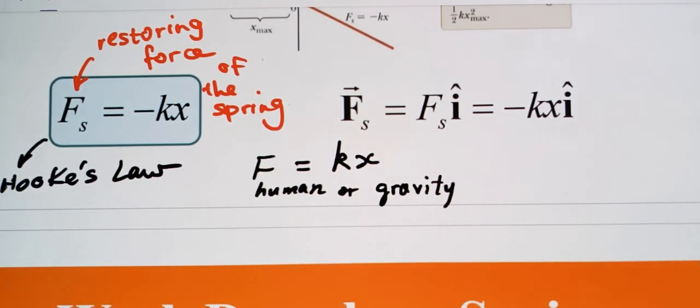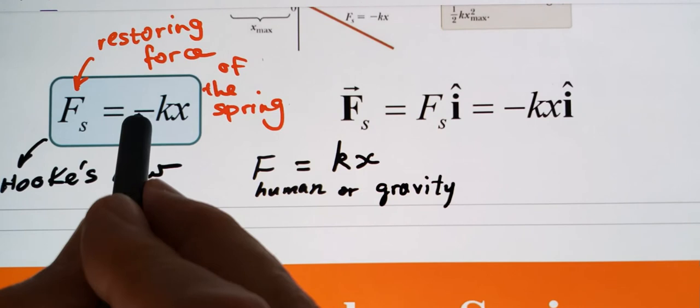K is the spring constant, that's correct. What does restoring force mean? The spring has no force by itself. You force the spring to compress or to elongate, and as a result you have a restoring force, and that restoring force is negative.